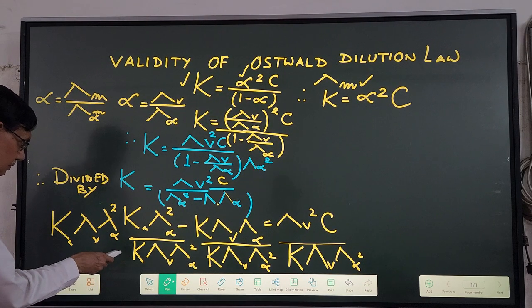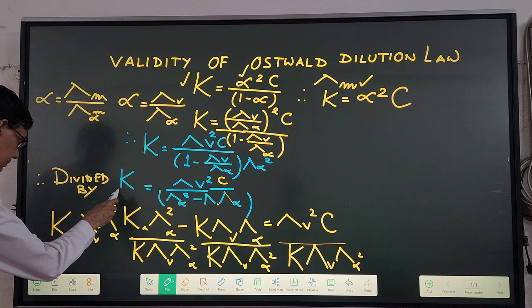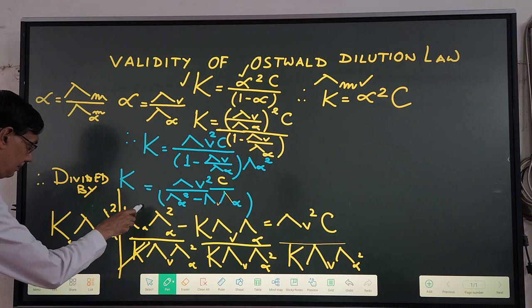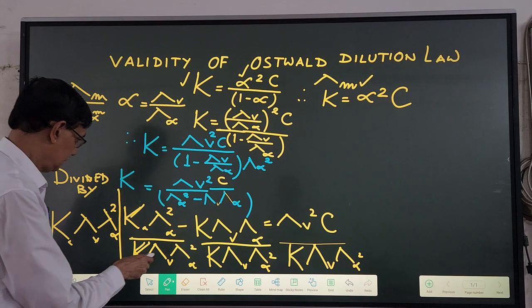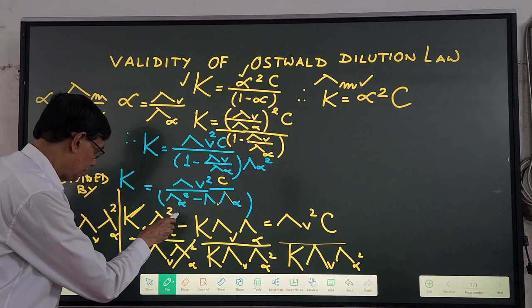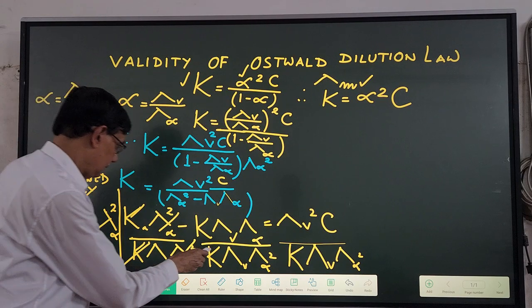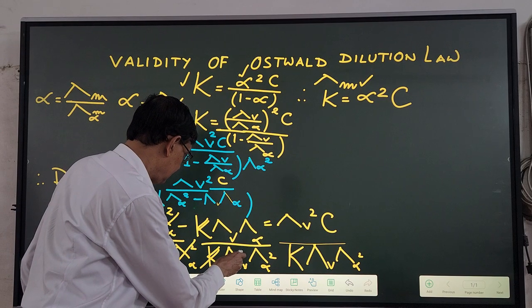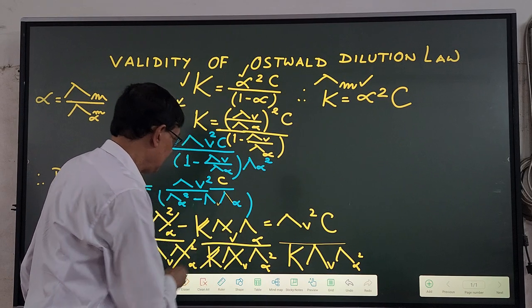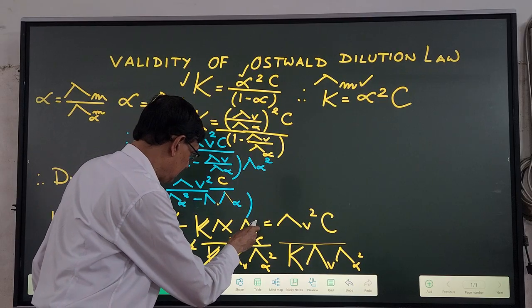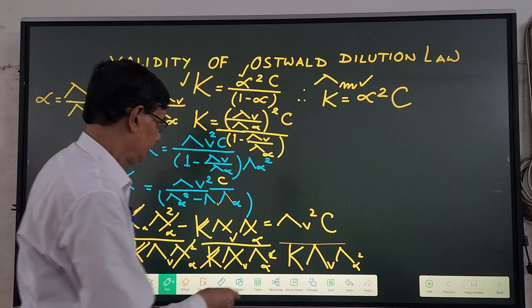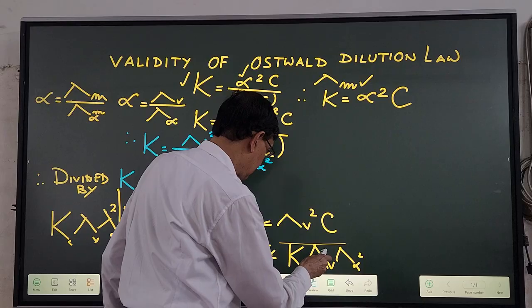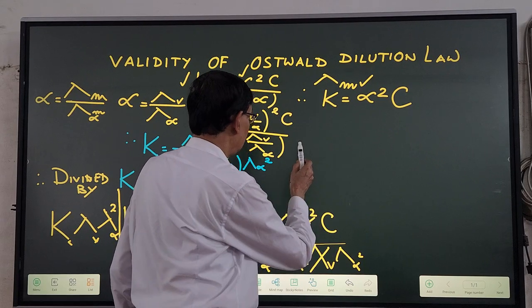Just this K cancels, this cancels, this K cancels, this lambda_v cancels, this cancels.